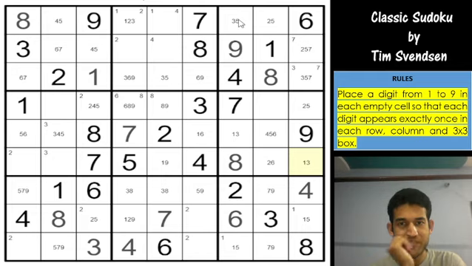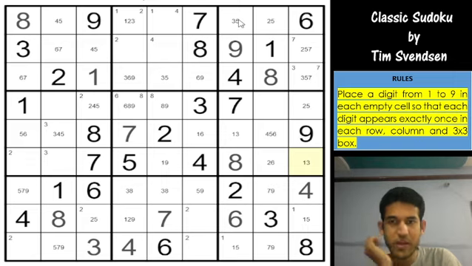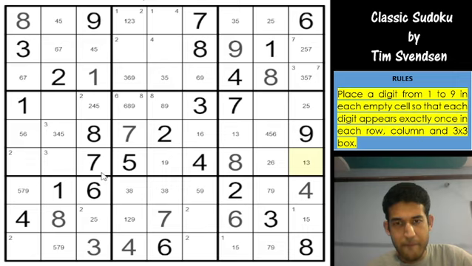Tough, guys. This is tough. If I manage to get one more digit, I think surely there would be curtains on the Sudoku. What is that one digit? Elusive.